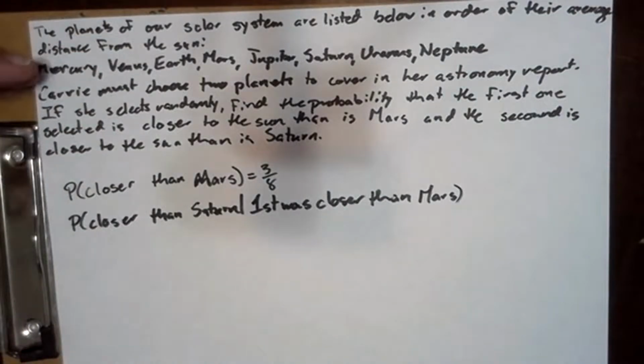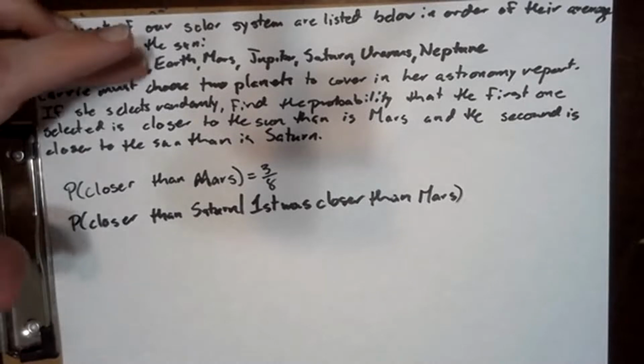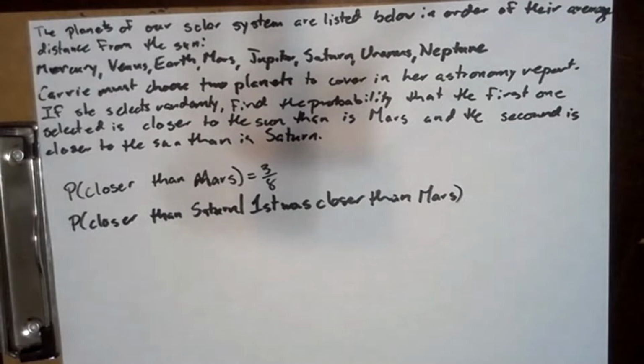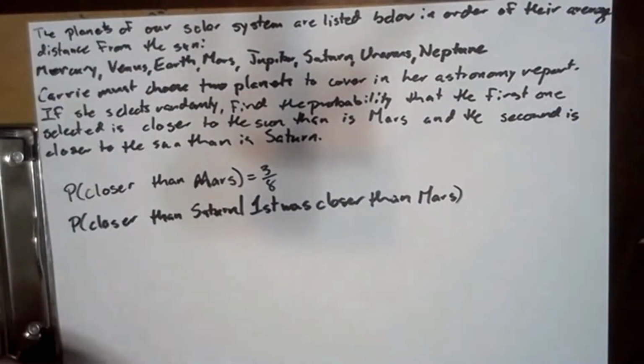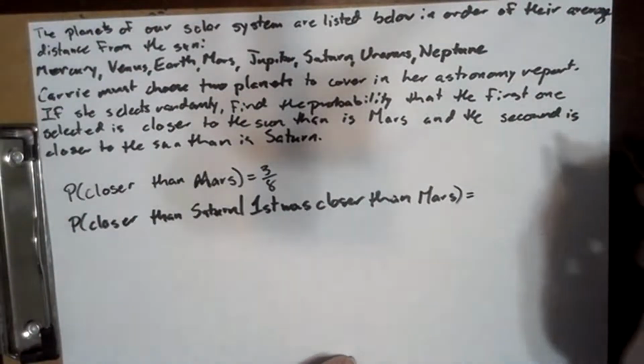We can look at the row here and see, well, now there are 7 left. One of Mercury, Venus, and Earth is gone. And we are looking for planets that are closer than Saturn. There are 4 of them left and a total of 7 planets, so that's 2/7.